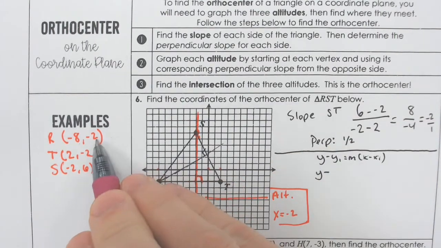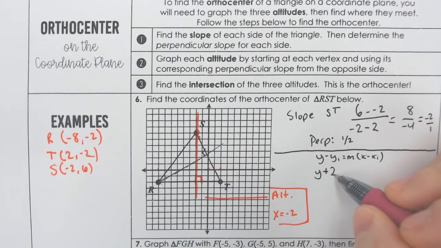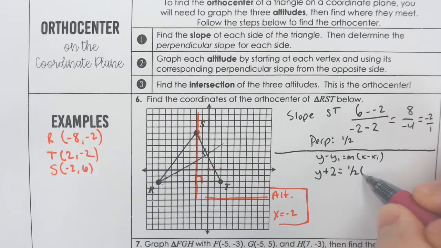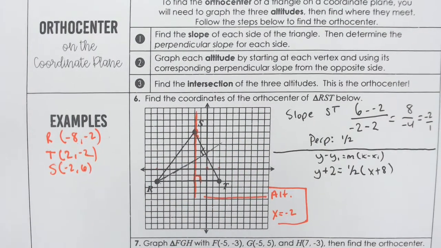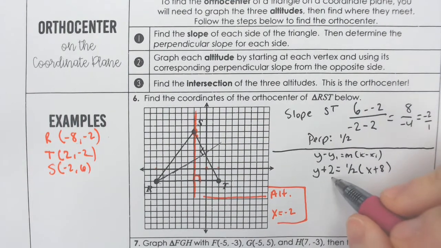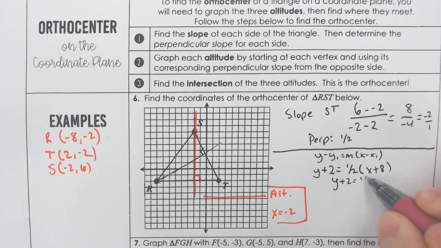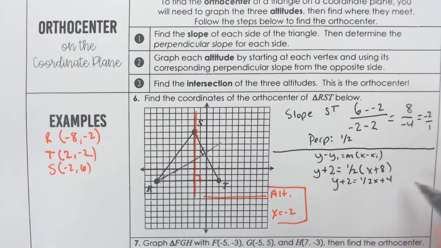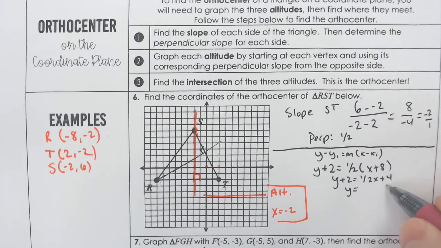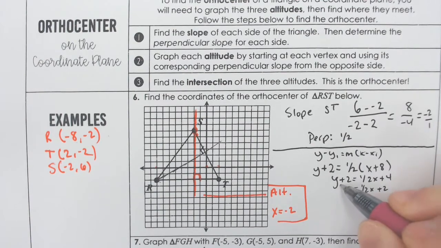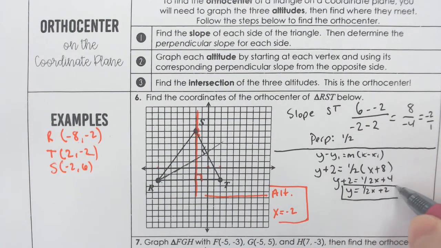So change the -2 to a minus -2, which makes a +2. 1/2 x minus -8 changes to a +8. Distribute the 1/2, y plus 2 would equal 1/2 x plus 4. And subtract 2 on both sides, we get 1/2 x plus 2, because 4 minus 2 still equals 2.